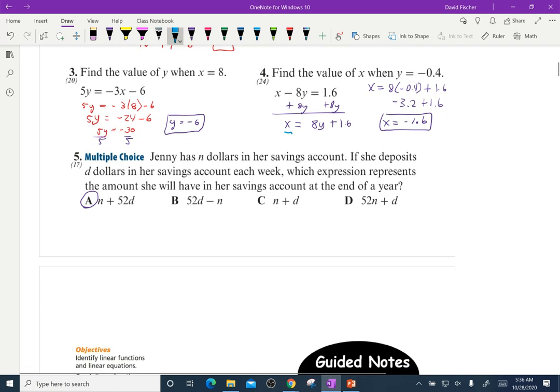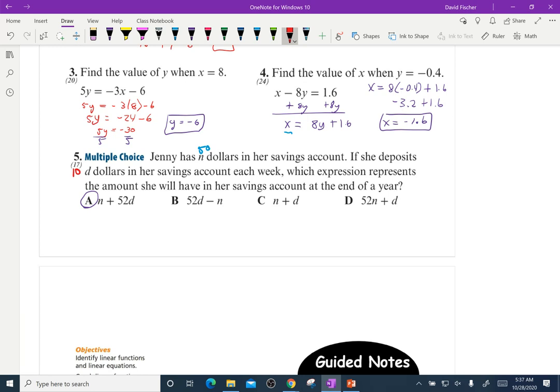On this one, you have to pay very close attention. Jenny had N dollars in her savings account, and so again, sometimes I'll make up numbers, like $50 in her savings account, and she deposited, let's say, $10 in her savings account every week. Which expression represents the amount she'll have in her savings account at the end of the year?